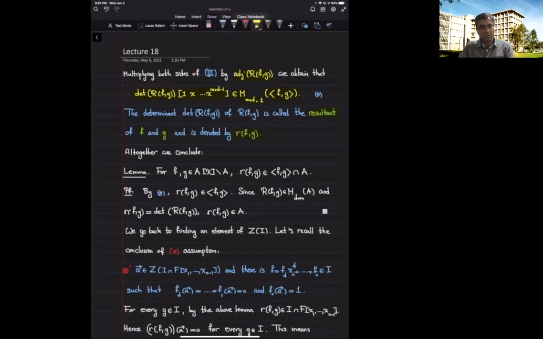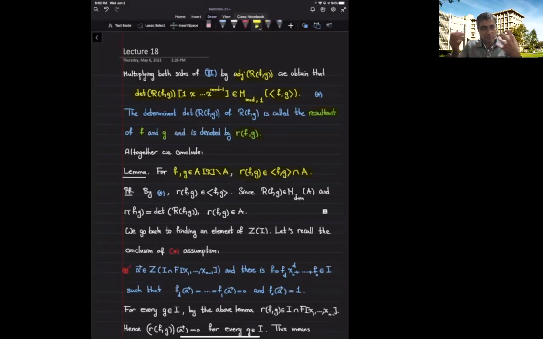And what we have proved is the following: if f and g are two non-constant polynomials in A[x], then the resultant of f and g is in the ideal generated by f and g and in the ring of constants, the ring of coefficients.